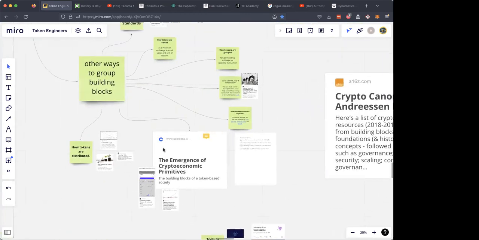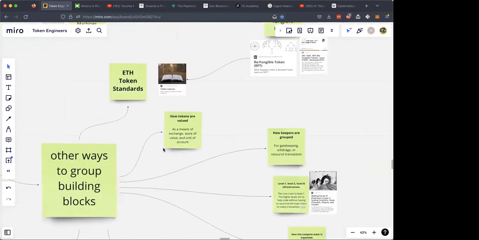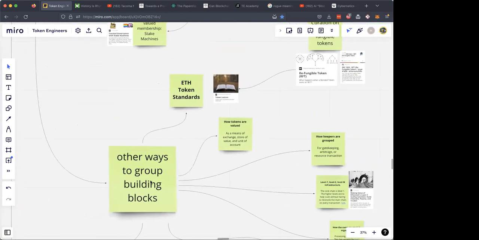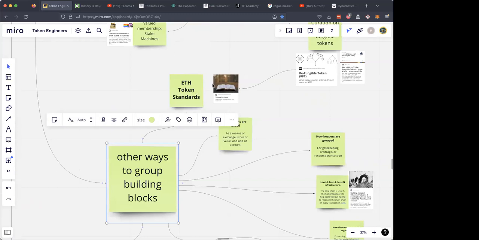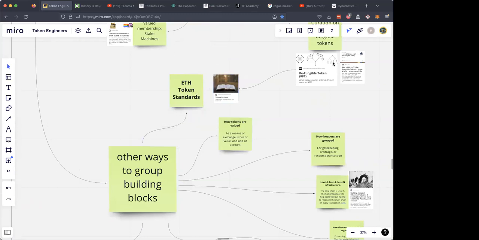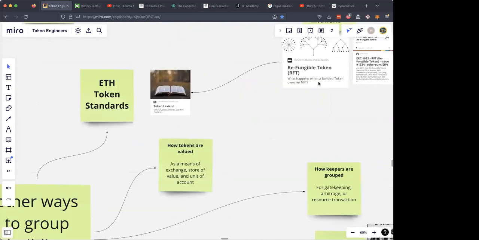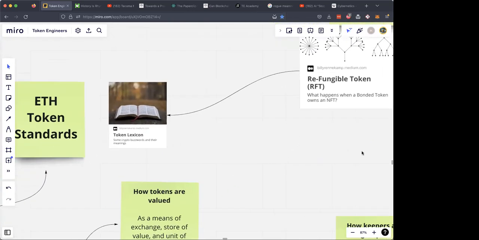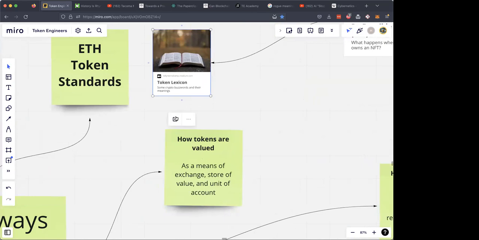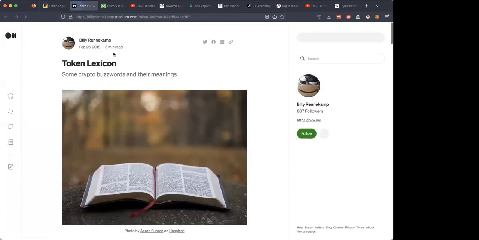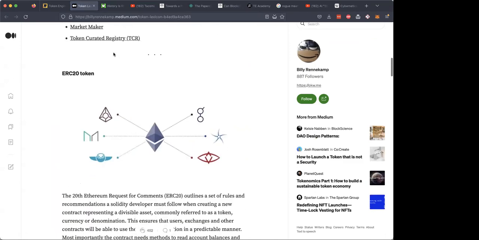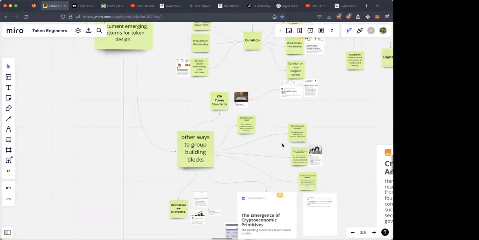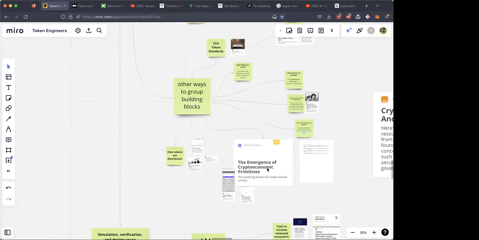And there are a bunch of different resources that you can dive into that I found by just looking into it. These are different building blocks that have arisen from token engineering. There's this refungible tokens. No idea what it is, but it seems important. There's this token lexicon, which was a good resource, if I recall correctly. Oh yeah, it gives you lots of definitions. This one seemed really interesting to me.